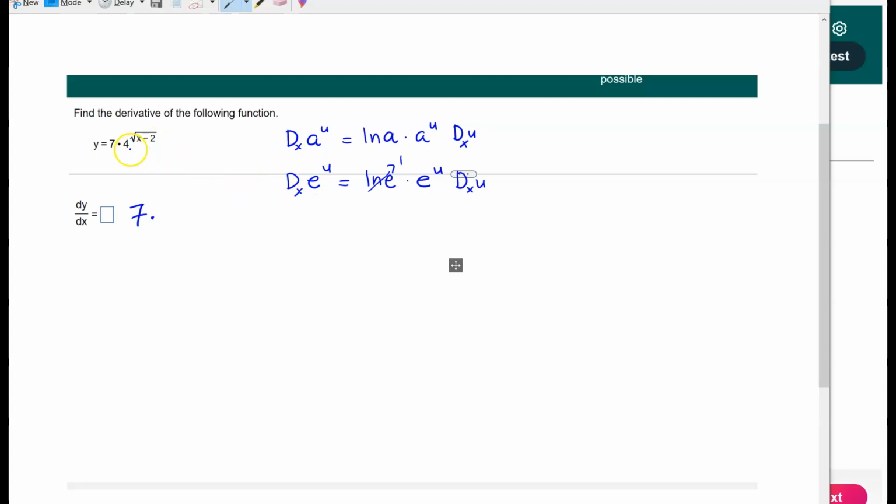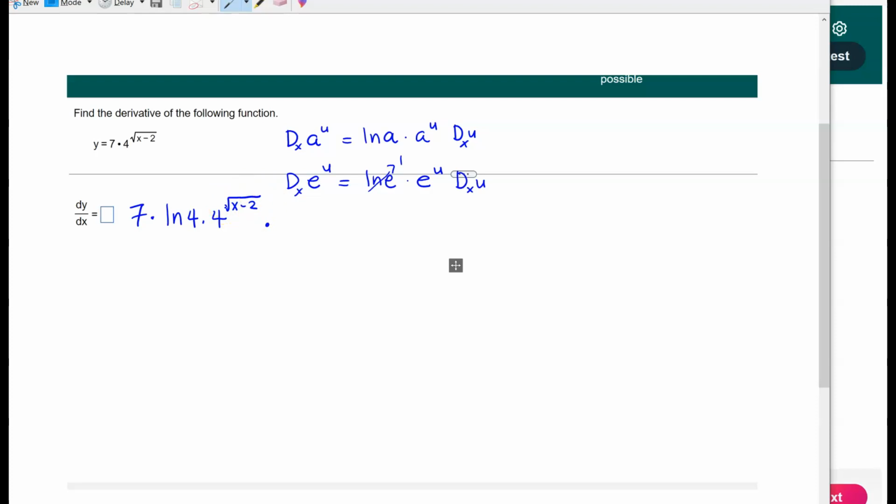So you copy ln, you would write ln 4, that's ln of the base, and then you copy 4 times 4 to the square root of x minus 2, and then times the derivative of square root of x minus 2.